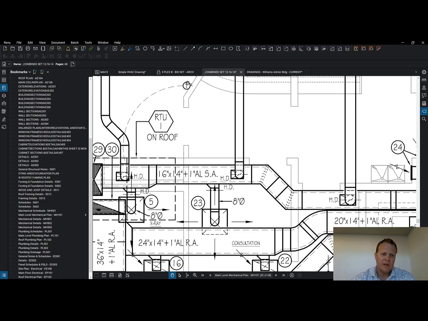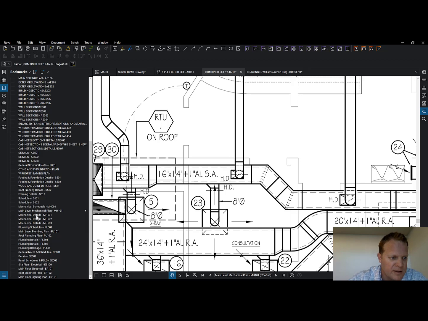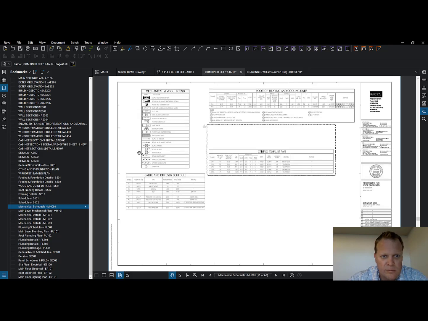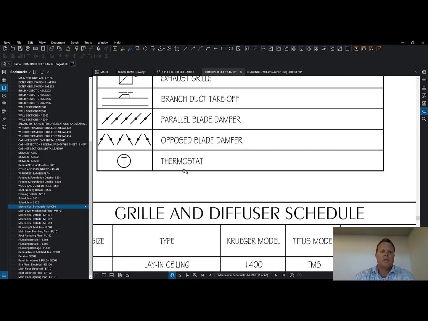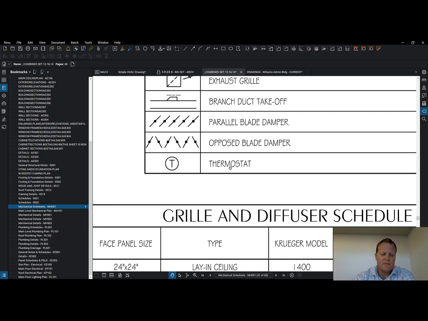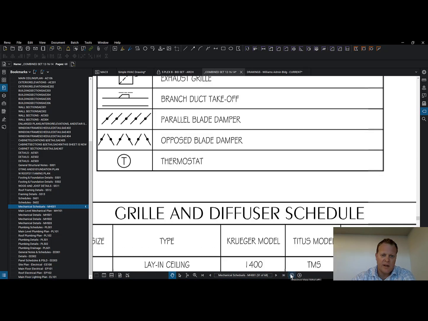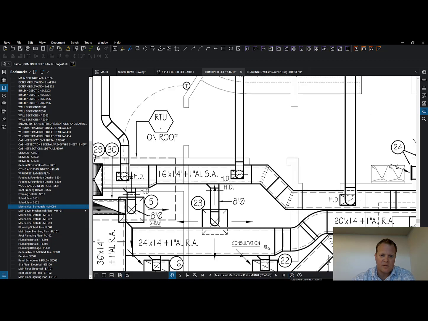What do you think that T is right there? Let's go find it. Let's really figure out what that is. Oh, it's a thermostat. You probably already knew that. I was just trying to make sure that we're showing how to find that information.